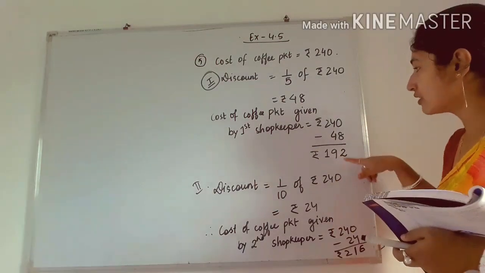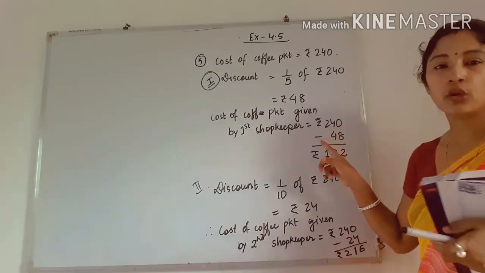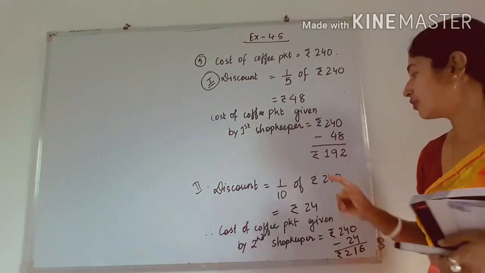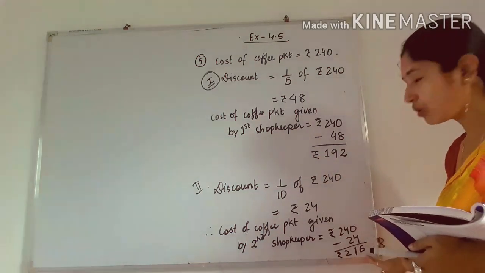So the cost of the coffee packet from the first shopkeeper after discount is rupees 192, and from the second shopkeeper is 216.